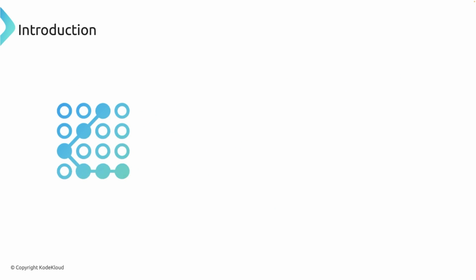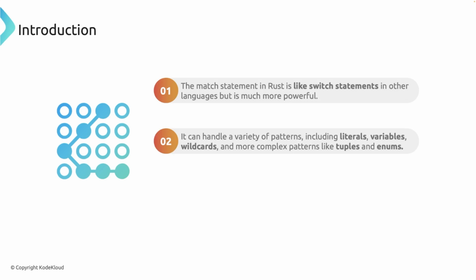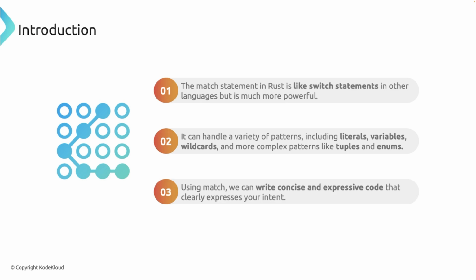The match statement in Rust is similar to switch statements in other languages, but it's much more powerful. It can handle a variety of patterns including literals, variables, wildcards, and more complex patterns like tuples and enums. Using match, we can write concise and expressive code that clearly expresses your intent.